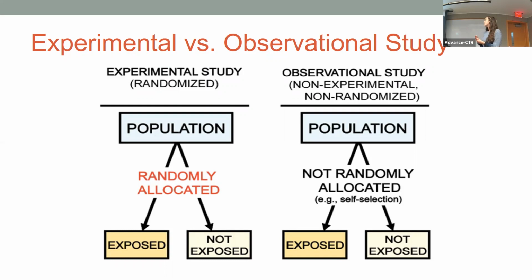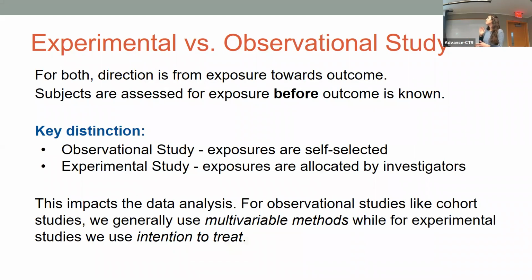You have to understand that some individuals are going to be exposed and others are not, and you can't manipulate that because it's just not ethical to expose individuals to something that may be already known to be harmful.